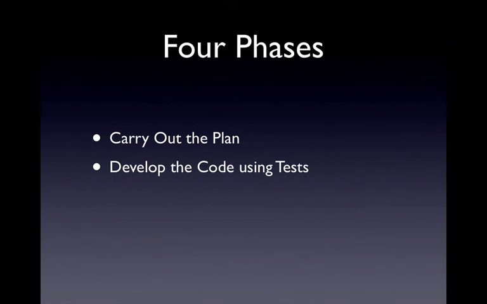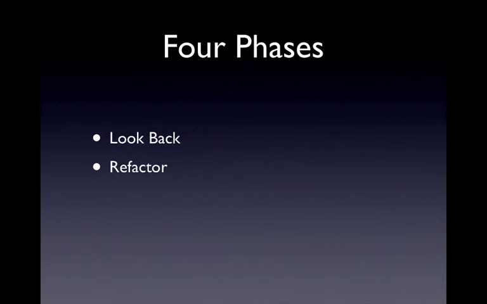Just before coding, you don't do too much upfront design. You just do enough so that you can actually get a good idea of the big picture of what the eventual solution will be. And the last phase, the look back phase, is actually the refactor phase where you can improve the structure of your code without changing the behavior.